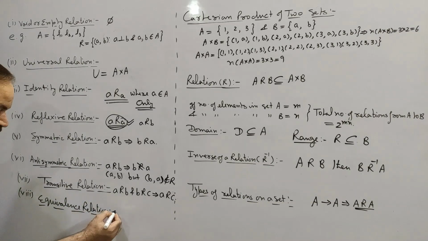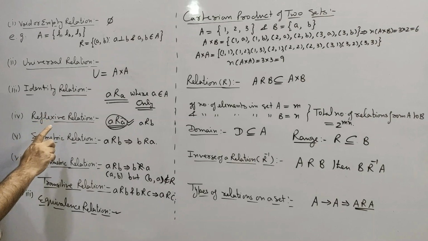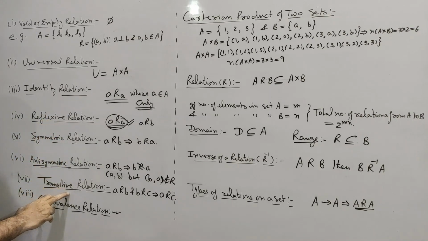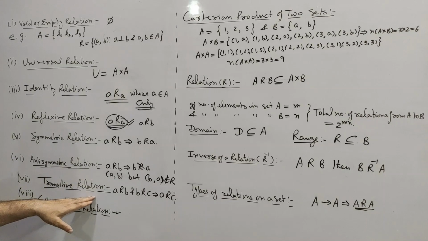Now, when we come to the equivalence relation, if a relation is reflexive as well as symmetric as well as transitive, then we will say that the relation is an equivalence relation. So an equivalence relation will be reflexive, symmetric as well as transitive.